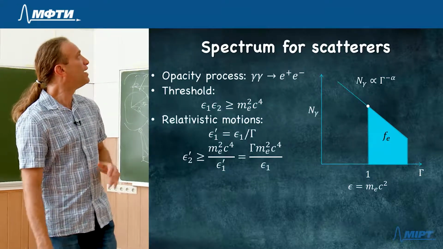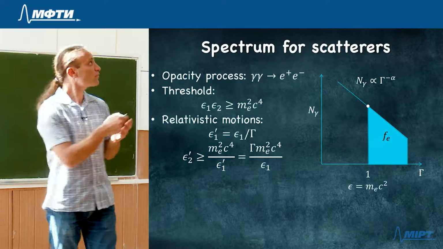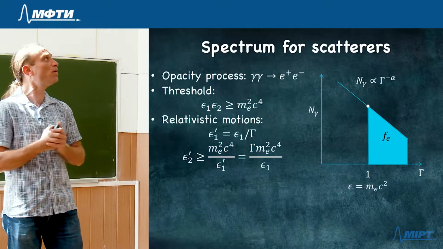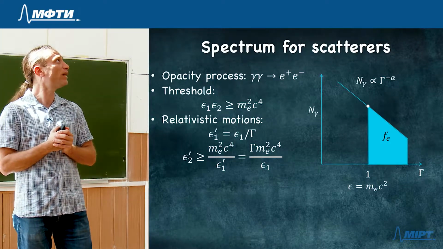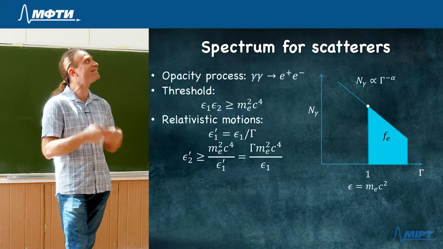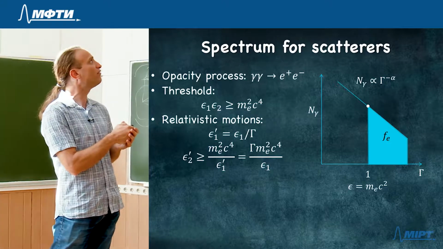But if now these things move at relativistic motion, then the energy of the first photon within the rest frame is lowered by a factor of 1 over gamma. So what is the minimal energy of the scatterer that I need in order to produce pairs onto that photon?